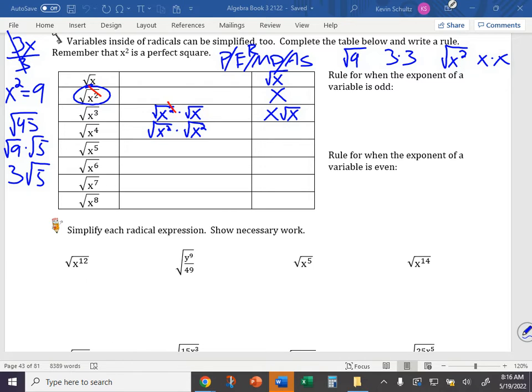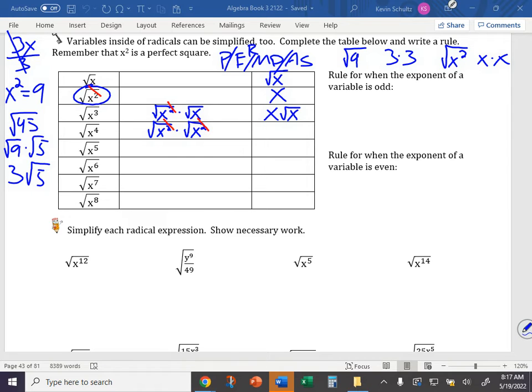Right, x squared times x squared equals x to the 4th. What do we know about the root of x squared? It's a perfect square. So each of these canceled out.